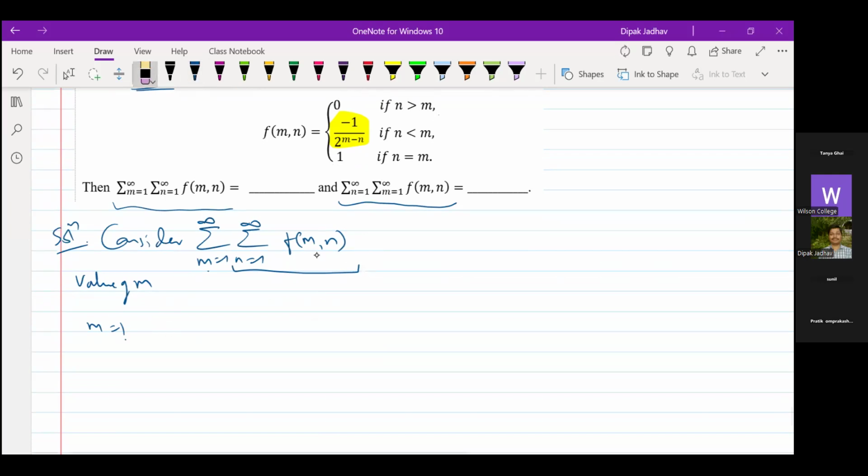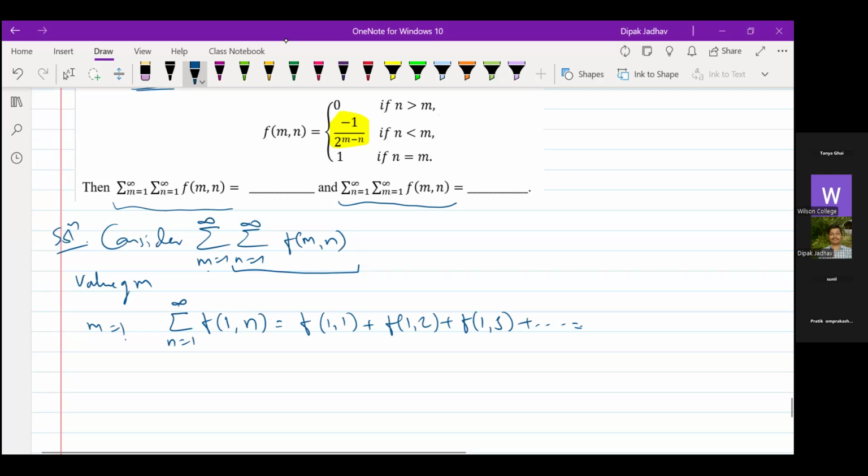So the summation, n from 1 to infinity, of f of 1 comma n. The 1 is fixed; we are not changing that. n is varying. So that will be equal to f of 1 comma 1 plus f of 1 comma 2 plus f of 1 comma 3 and so on. What is f of 1 comma 1?